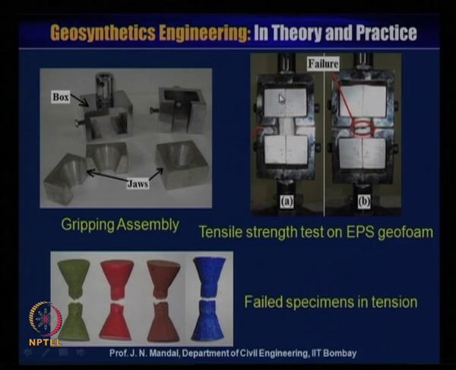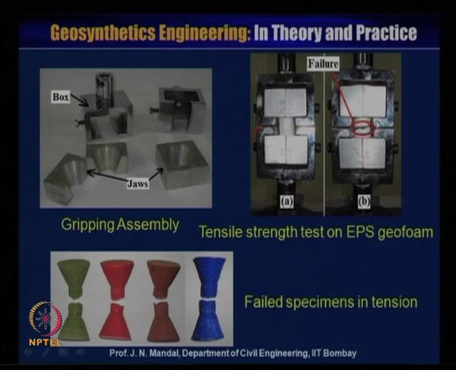This is a dumbbell kind of shape, which is gripped at the top and the bottom, and this is the gauge length. This is before the test, and you can see after the test, this is a very typical failure.